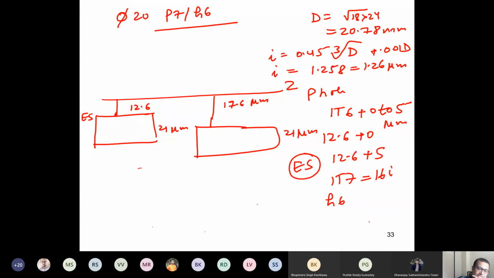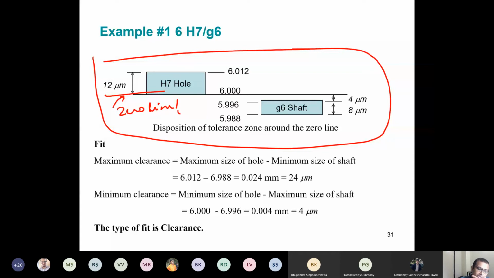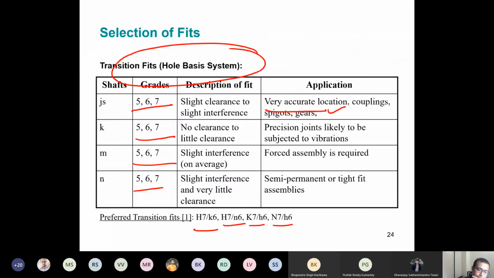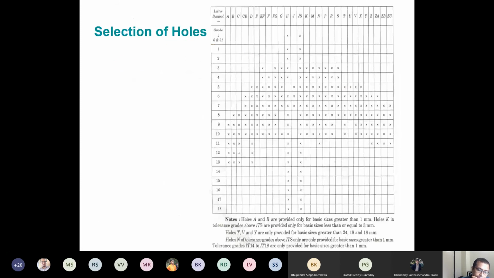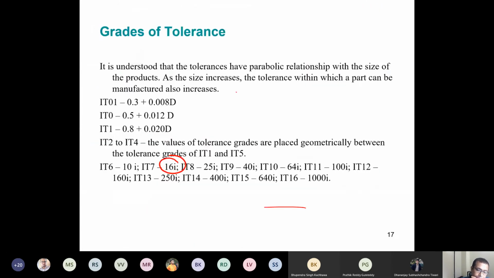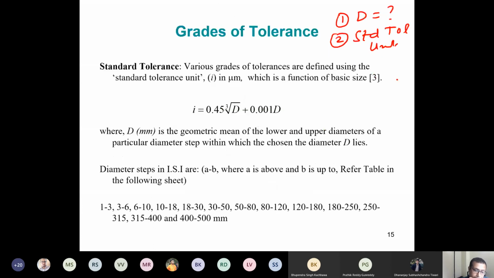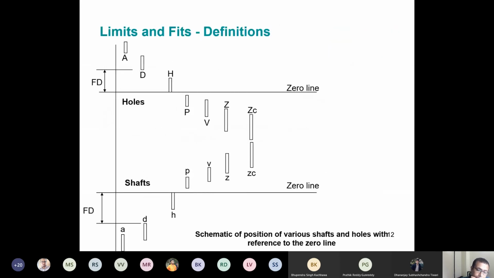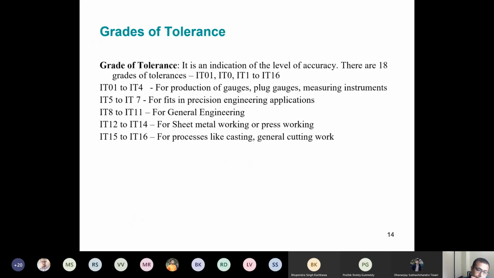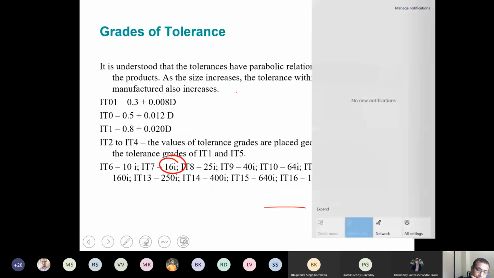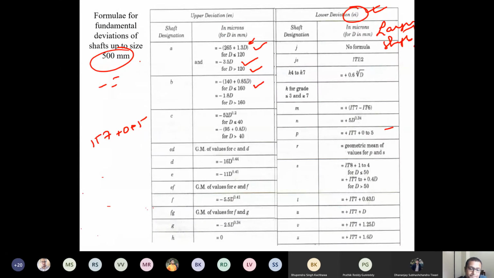So if you go ahead and see the shaft's limits, let me just show you again. Where is the table? Yeah.